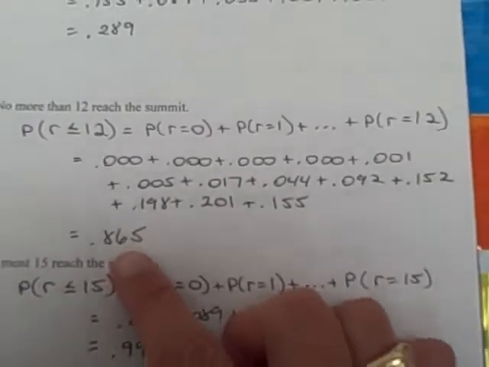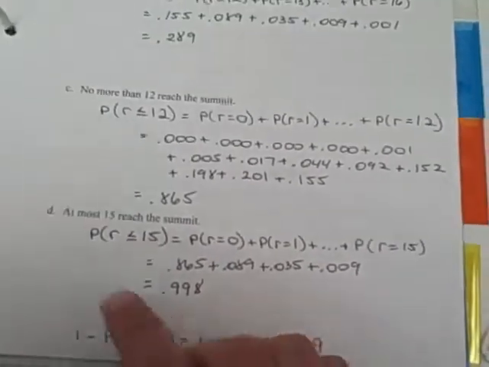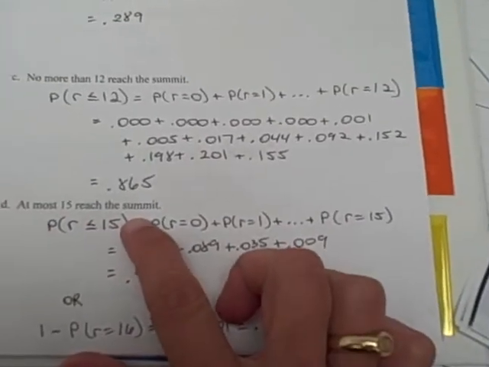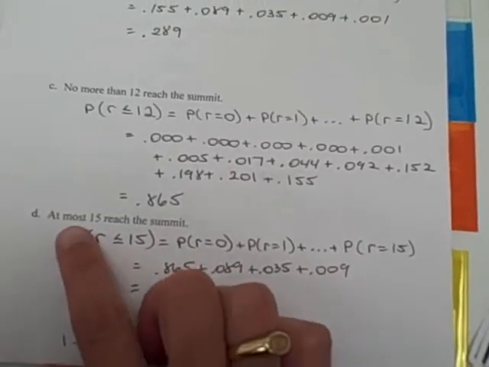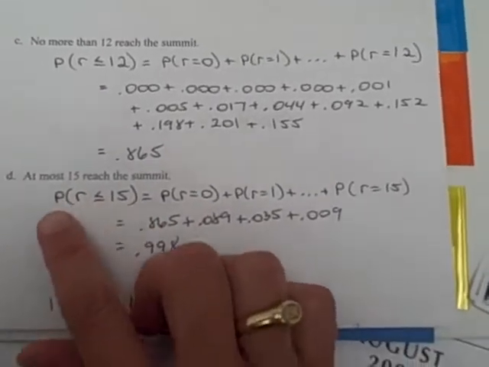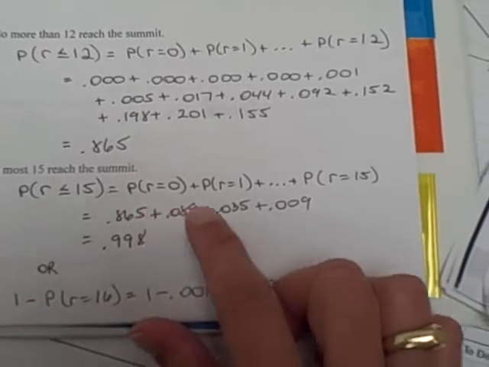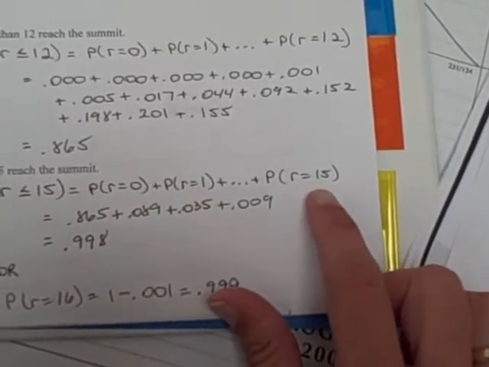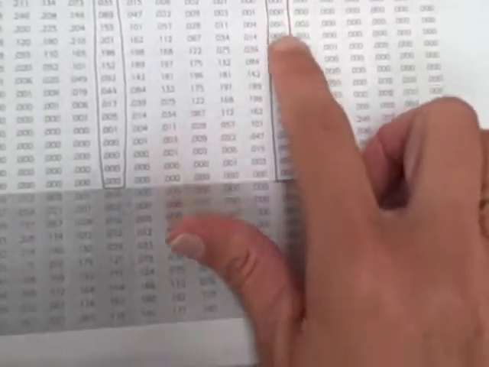All right, let's look at at most 15 reach the summit. At most means 15 or less. So we want to add 0 all the way up to 15. Basically I'm adding everything but the last one.